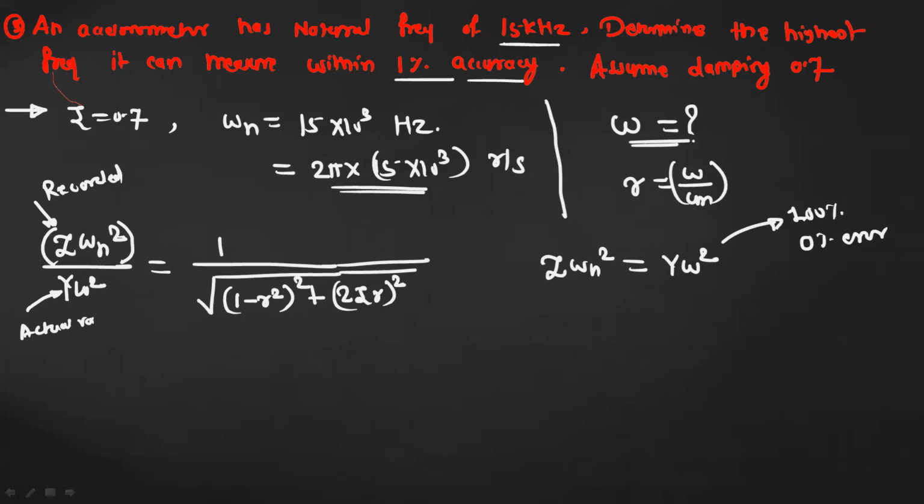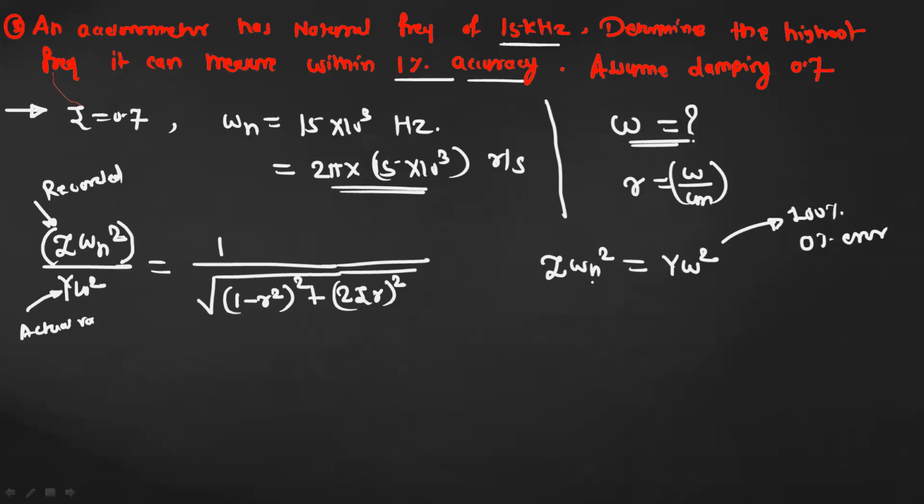So what is 1% accuracy? That means there is an error of 1% in the measurement. That means the recorded value will be either 1% greater than the actual value, or 1% less than the actual value.